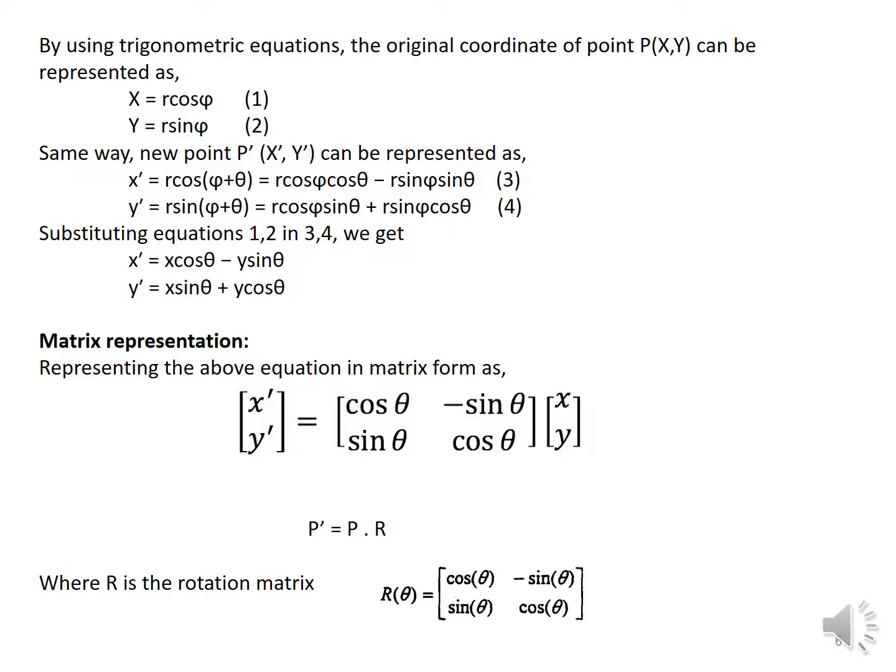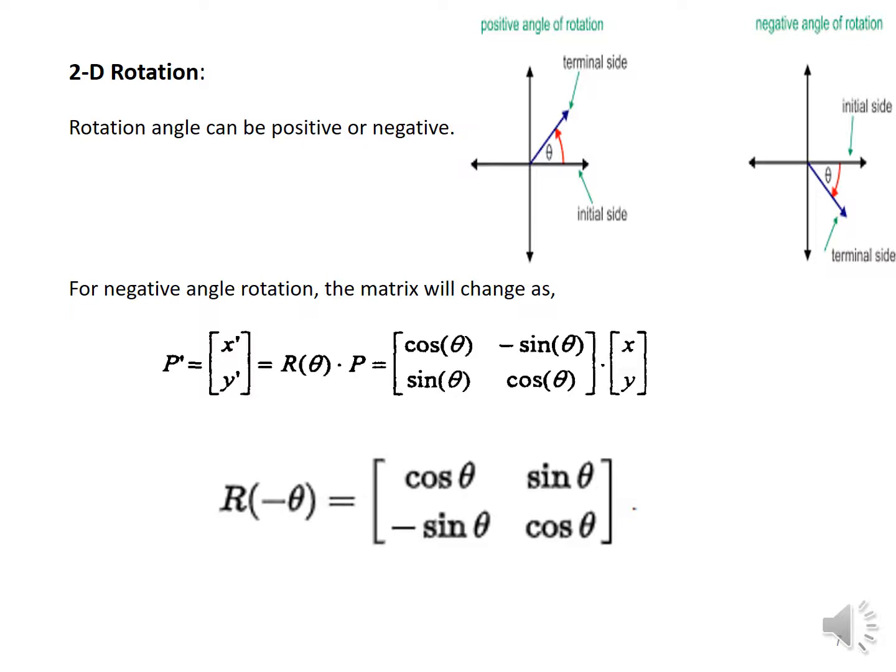We can represent this as a matrix: [x' y'] equal to [cos theta, minus sin theta; sin theta, cos theta] into [x y]. Here the positive angle rotation matrix is cos theta, minus sin theta, sin theta, cos theta. Rotation angle can be positive or negative. The negative angle rotation matrix is represented as cos theta, sin theta, minus sin theta, cos theta.